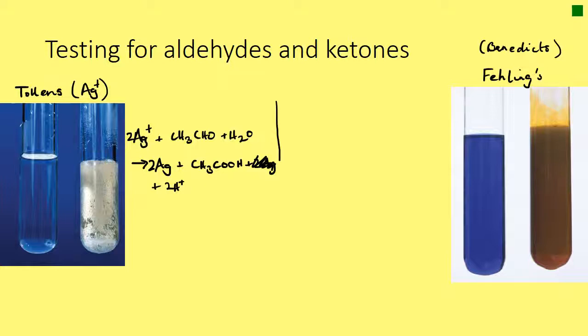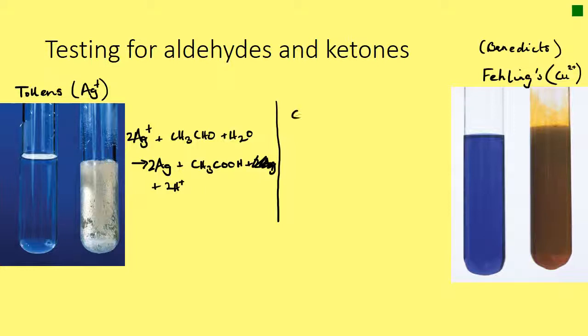Okay, let's draw a little dividing line here and switch over to Fehling's. Now, Fehling's is all about copper, the blue copper color. The blue color comes from copper ions. Fehling's is a copper 2+ complex, but again, we can summarize Fehling's solution as a provider of copper 2+ ions.